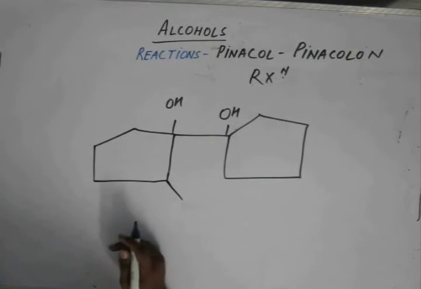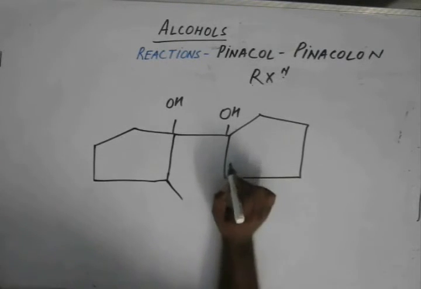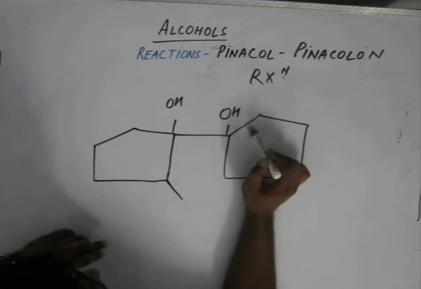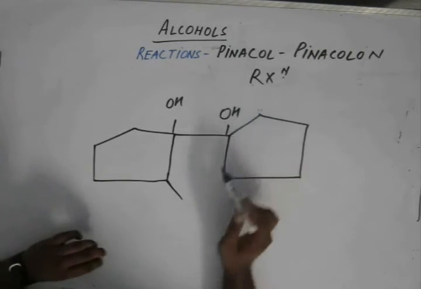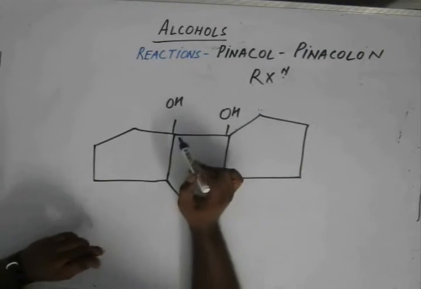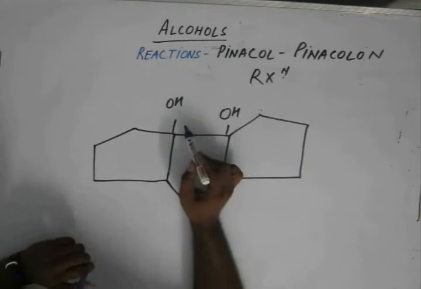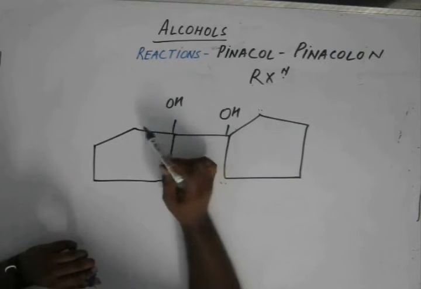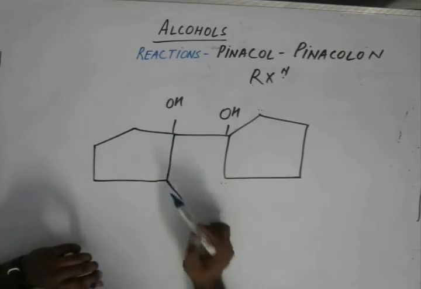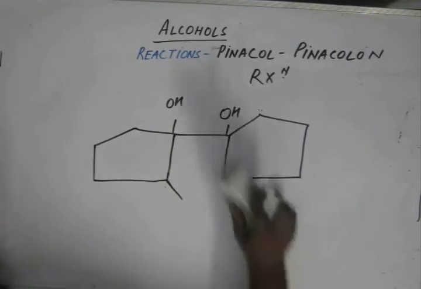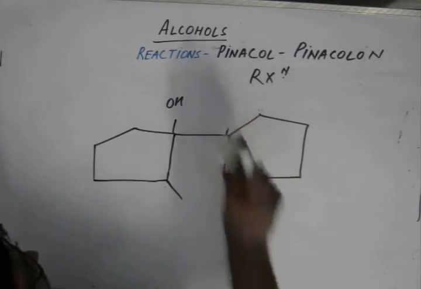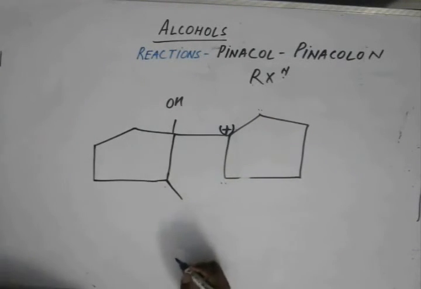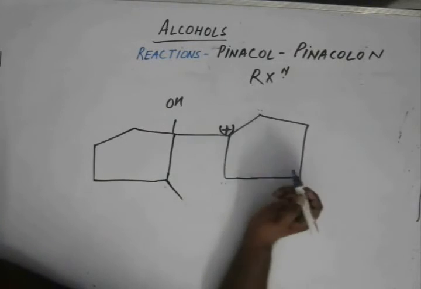So a more stable carbocation will be formed on this, because when a carbocation is formed here, we get 4 alpha hydrogens, 2 from here and 2 from here, rather than if we form a carbocation over here, we get only 3 alpha hydrogens, 2 over here and 1 over here. So a carbocation is being formed on this, we get a plus charge. Now 1,2 rearrangement has to take place.